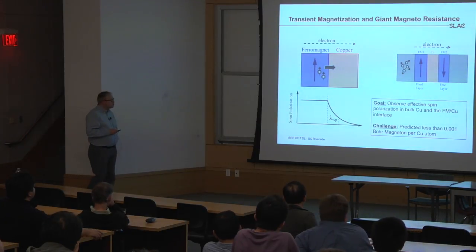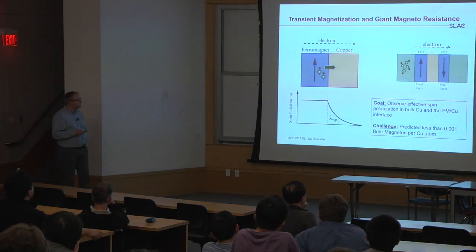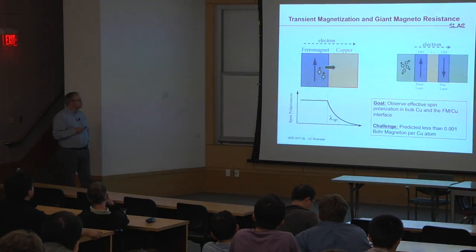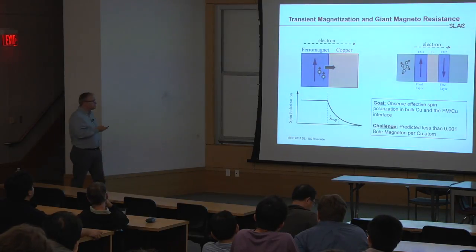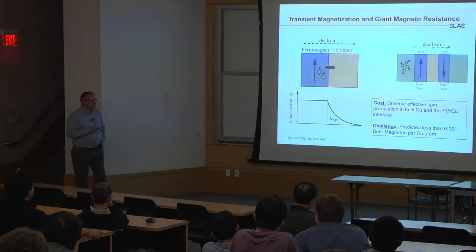And since you can have huge variations, 30 to 50% in resistance, these devices are used in sensors to detect, for example, the stray field that comes from a bit in your hard drive.